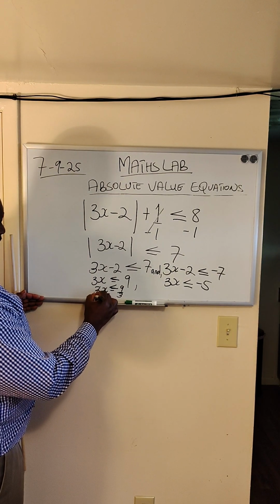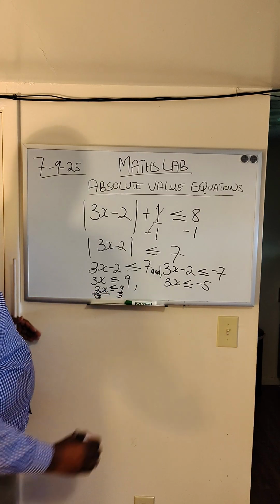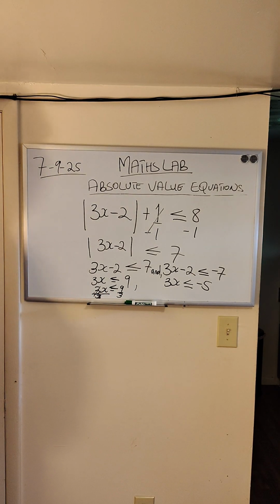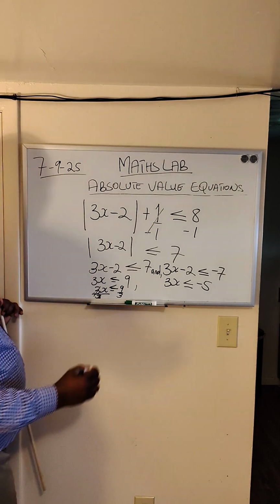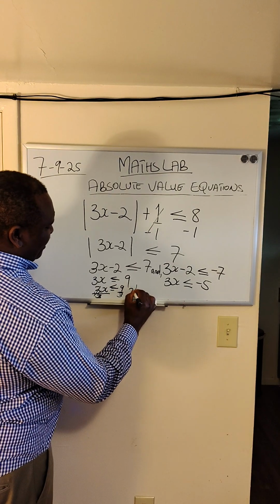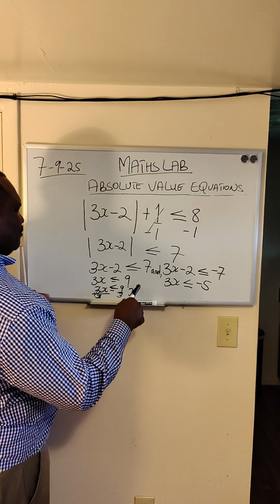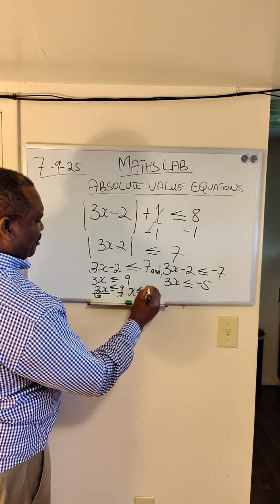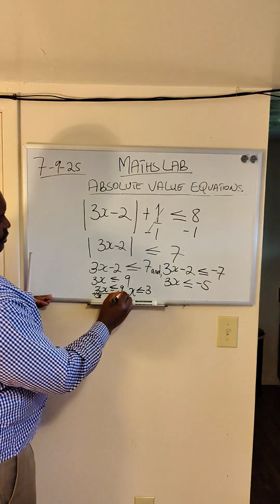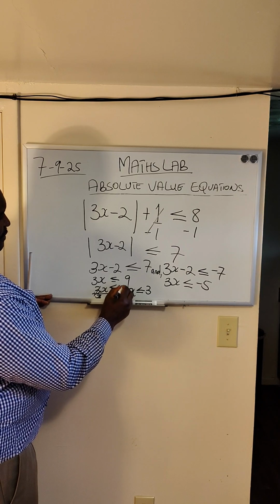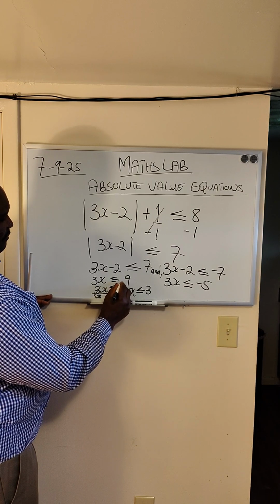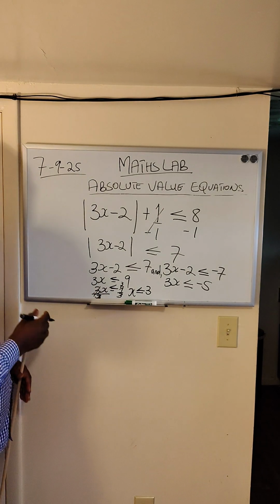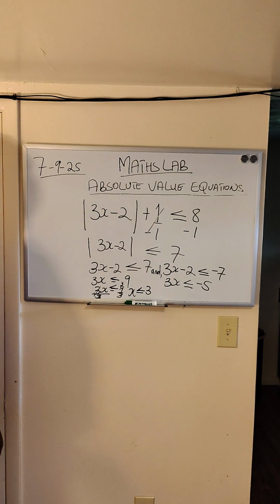After we do that, we have x is less than or equal to 3, because you can see we divide 9 by 3 right here. So x is less than or equal to 3.